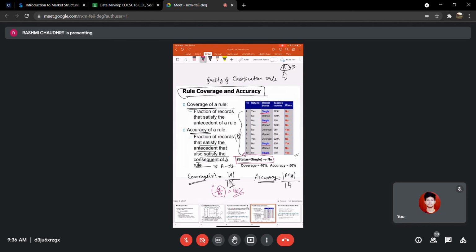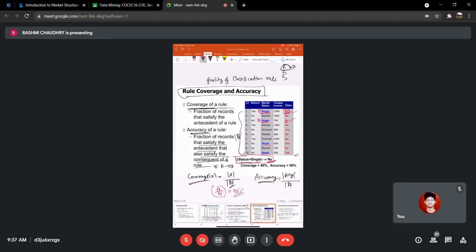Similarly, accuracy. For coverage, I just checked the precondition, but for accuracy, I have to check the consequent also. So single, no. This is the first instance: single, output is no, and my rule is also saying no. Second one, single, no, yes, it is matched.